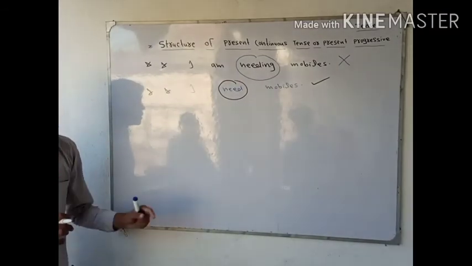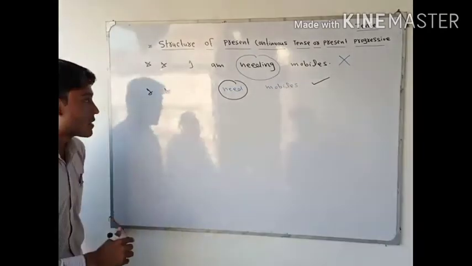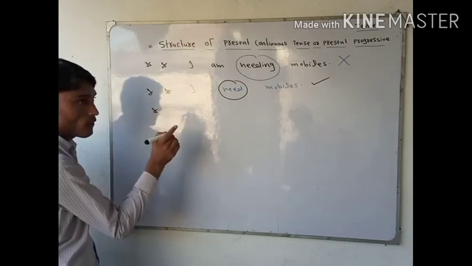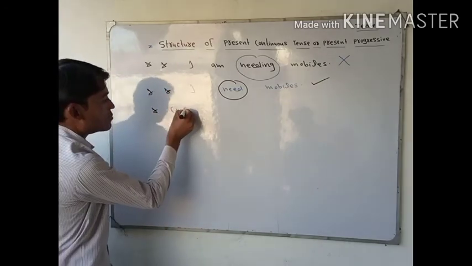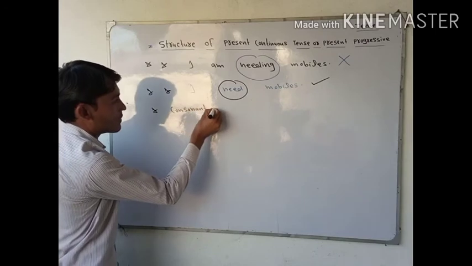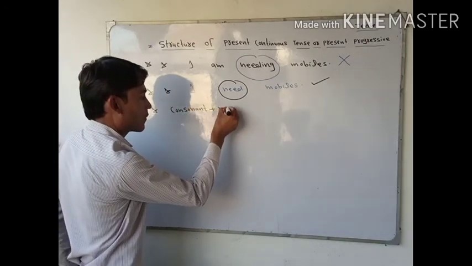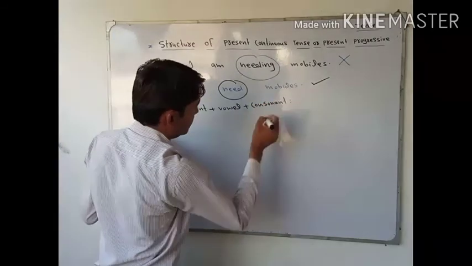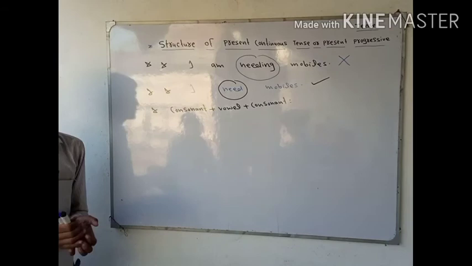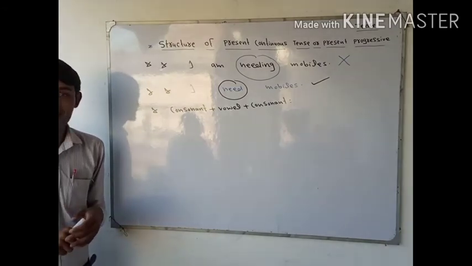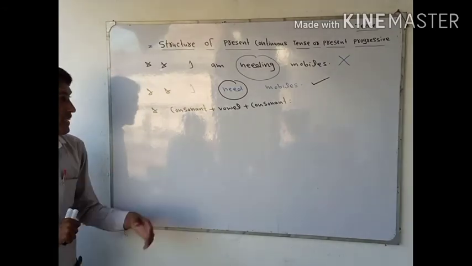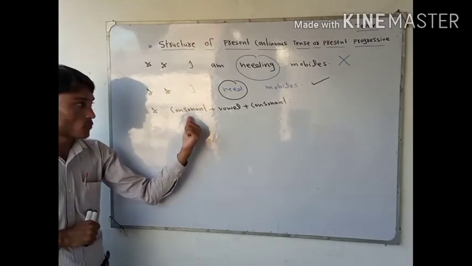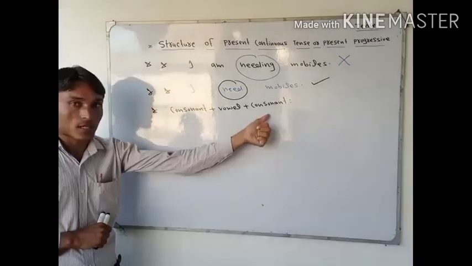Now we come to the second step. The second step is about when the verb has consonant plus vowel plus consonant.